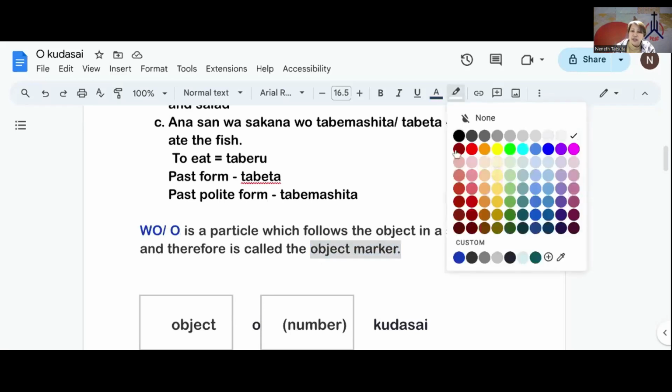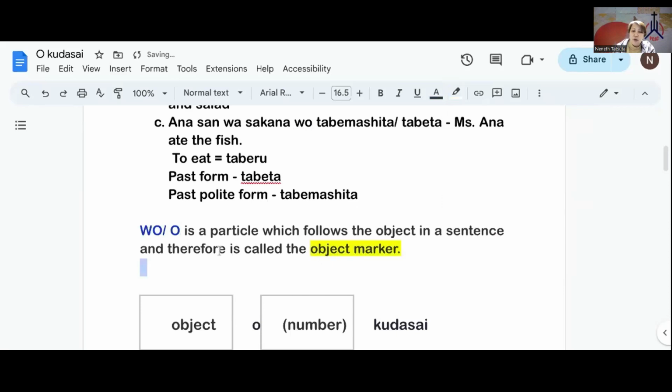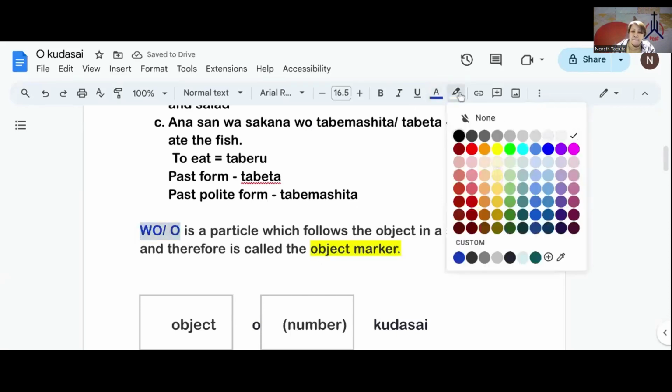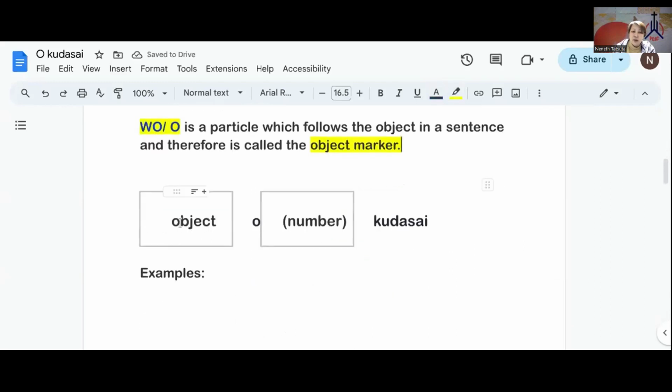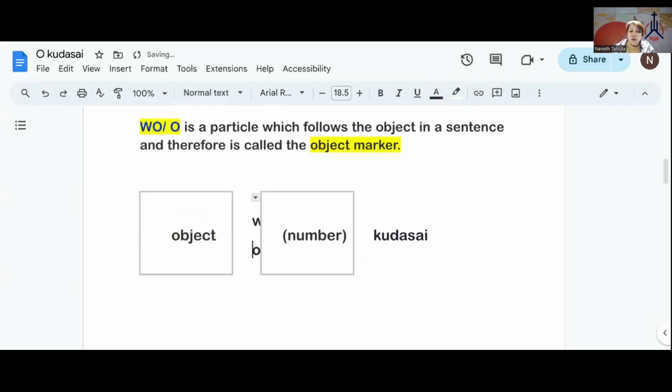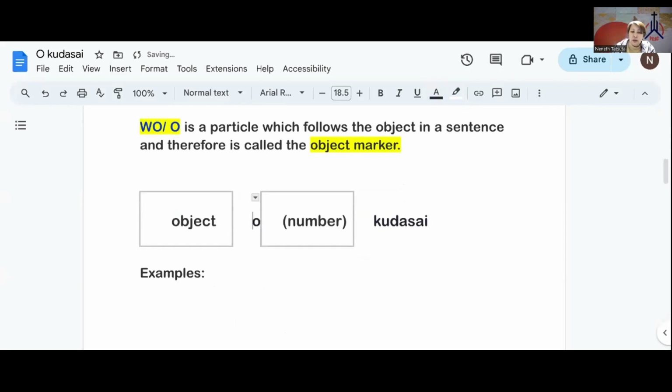Okay, remember this. The wo represents your object marker. So here is your pattern: your object, your wo, or o, and then, for example, the number, and then your kudasai.